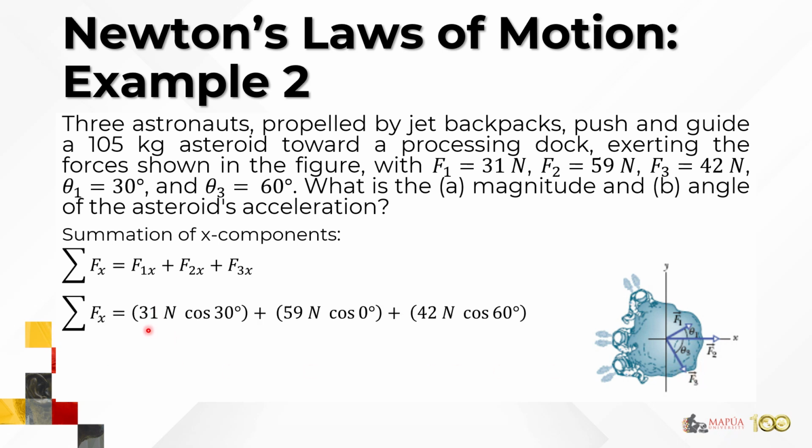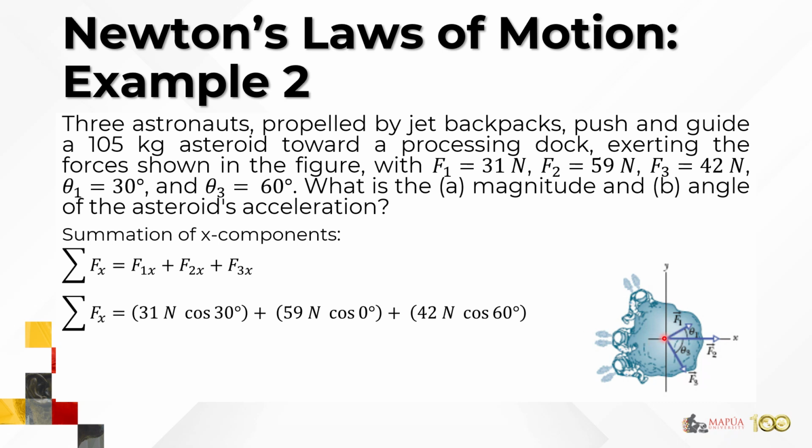Okay, so make sure you get the horizontal components for each vector. And for f sub 1, example, let's have here 31 newtons cosine 30. Okay, because the x component for f sub 1 is the adjacent side of our theta. The next 59 newtons cosine 0, because the angle, although this is not explicitly stated in the problem, for f sub 2 should be 0 degrees. And cosine 0 is just equal to 1.